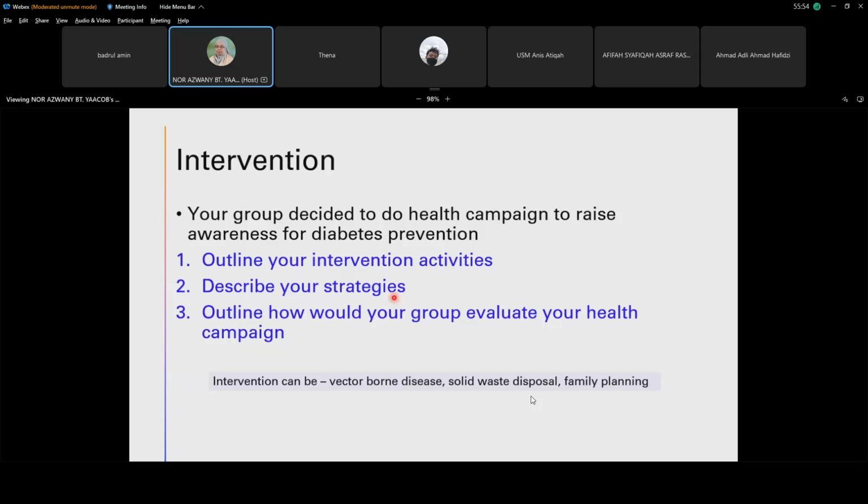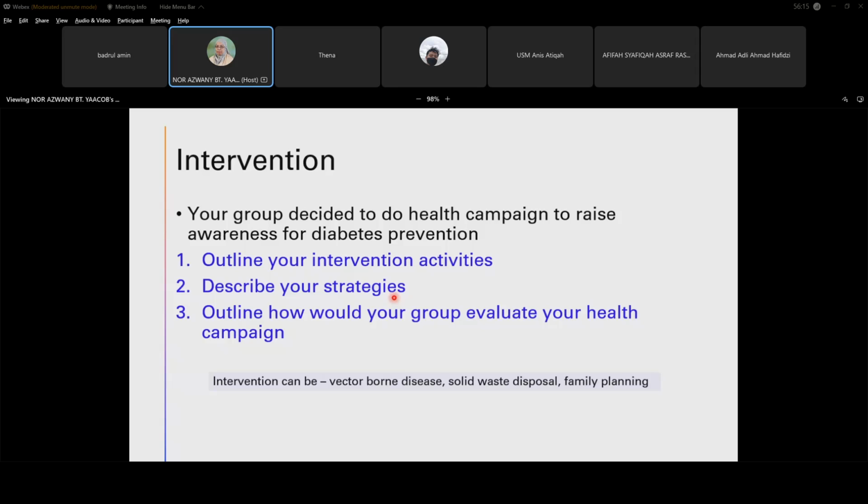So all those things can be the scenario. But basically, your experience in preparing, planning and implementing the activities at your kampung for the past 2 weeks will help you to answer this.